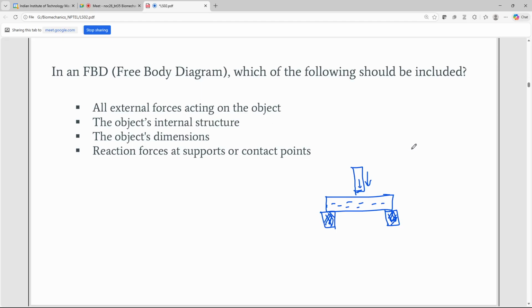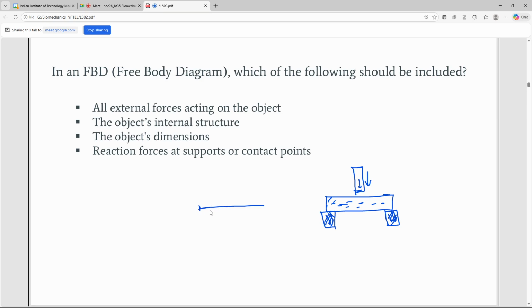Okay, so if I am converting this particular thing to a free body diagram, then this log of wood I can simply convert into a line. A simple line. I only need to address the position.